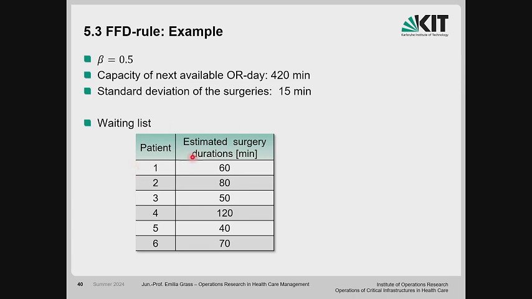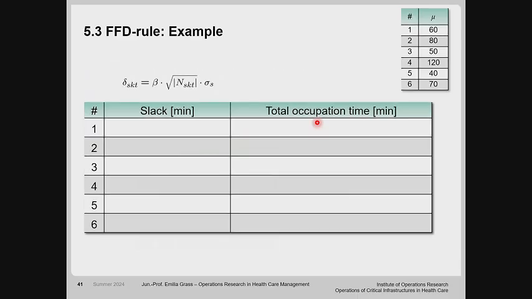The first patient has an expected surgery duration of 60 minutes, the second of 80 minutes, and so on. Now we have to assign that to the operating room day, considering that every surgery deviates plus minus 15 minutes. And the question is, which patients can be assigned to the first available operating room day?